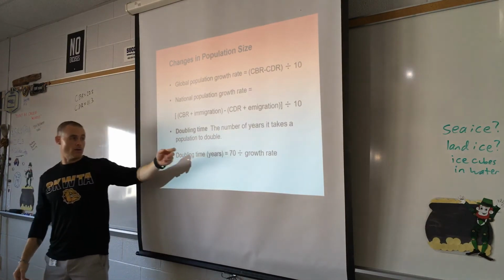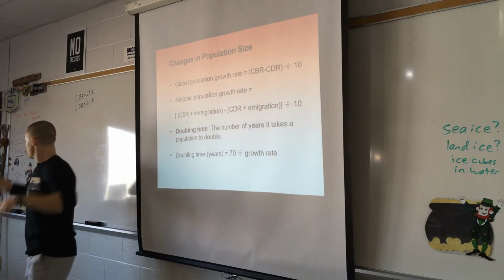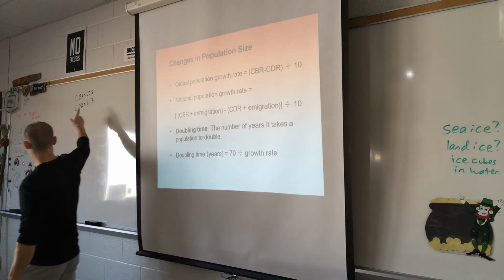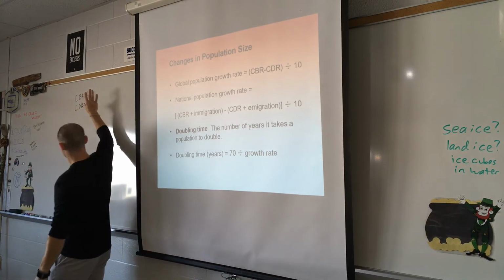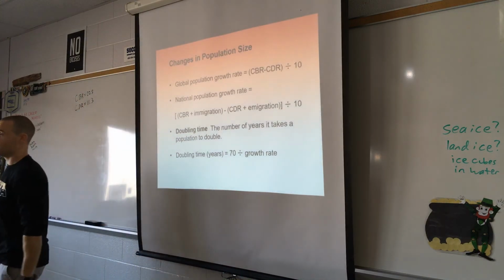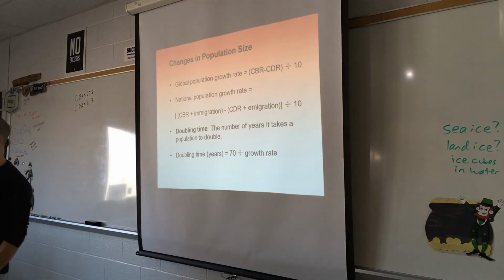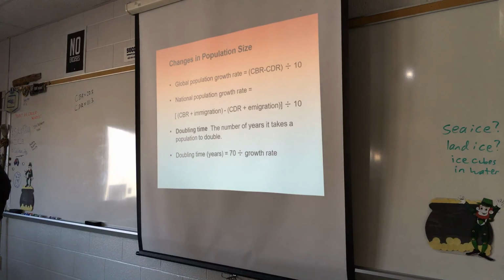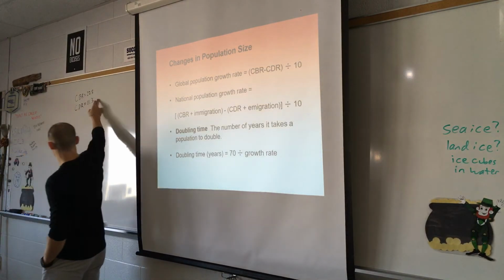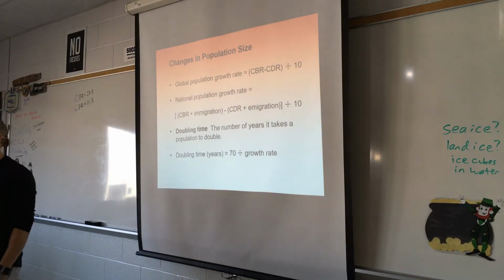All right, so take the numbers I just gave you, and if this was a specific country, tell me how long it would take to double the population. You don't need to know the population size. That's the cool thing about this. So you could have 5 million people, 1 billion people, whatever. Just take those numbers. Now you just figured out your population growth rate.